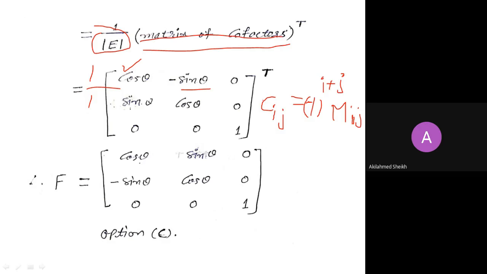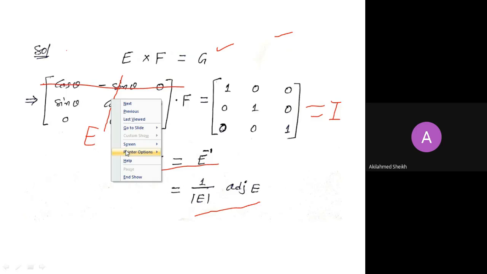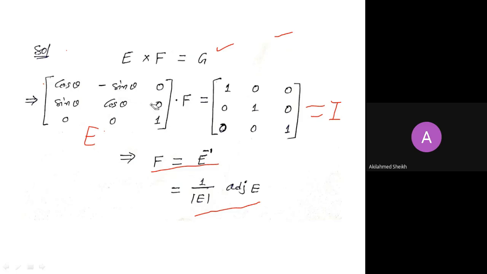And this minus 1 is here. Minus 1 raised to the power i plus j is the position value. It is located at first row, second column, so i is 1 plus j is 2. 1 plus 2 is 3, and minus 1 raised to an odd power is minus 1. So we get minus 1. Next, we have to find the cofactor of the next element.